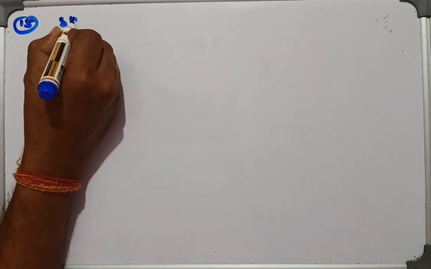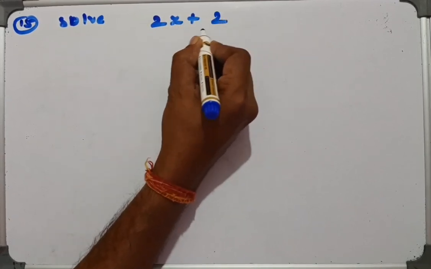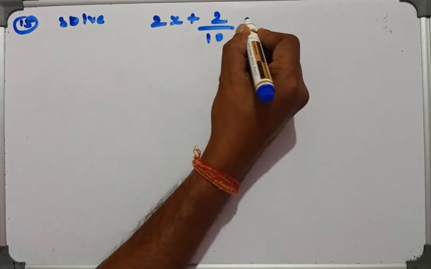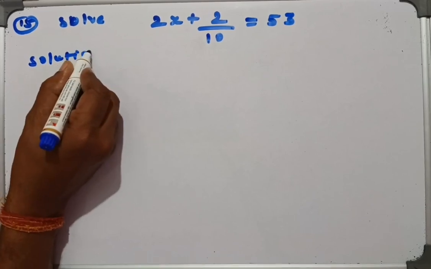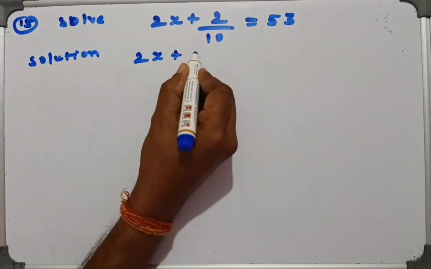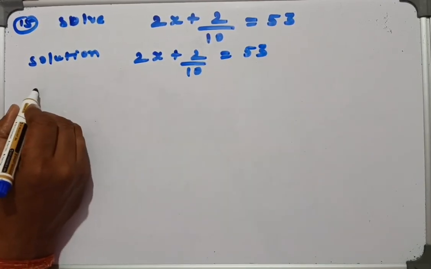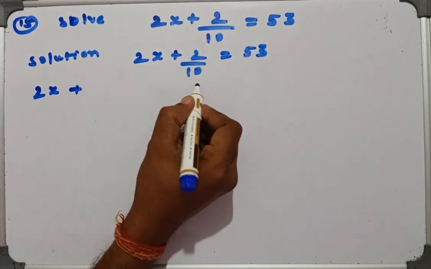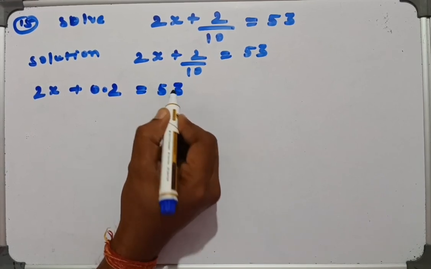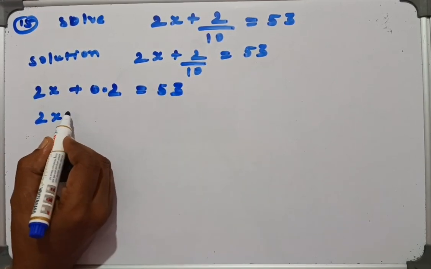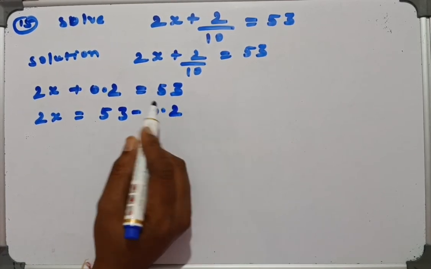Okay guys, now next question, number 15. Solve 2x plus 2 by 10 equals 53. How could you make the solution? So just write 2x plus 2 by 10 equals 53, then you write here 2x. 2 by 10 equals 0.2. This becomes 53, then 2x equals 53 minus 0.2.